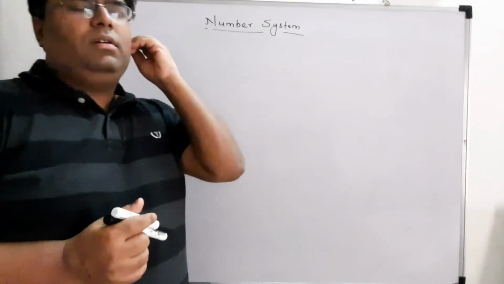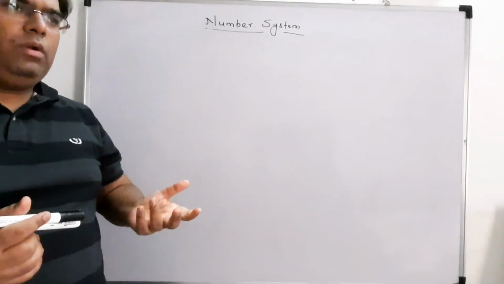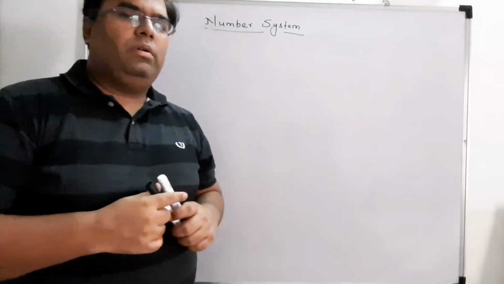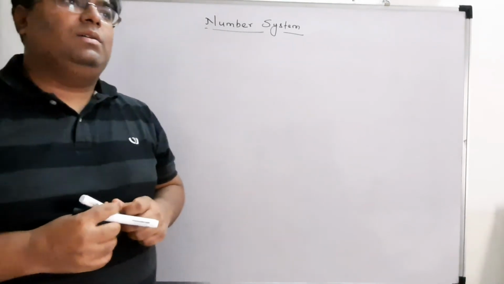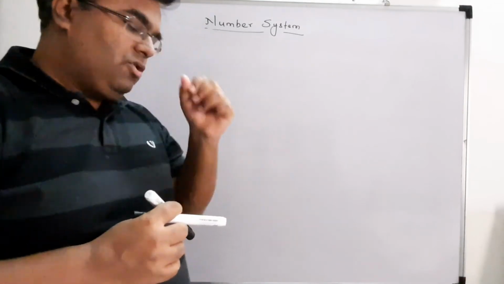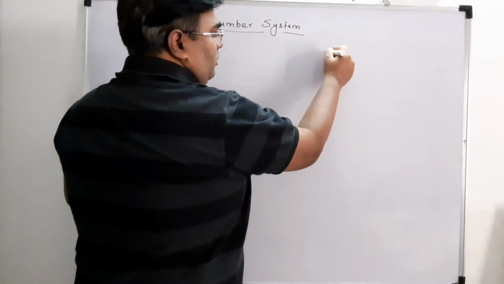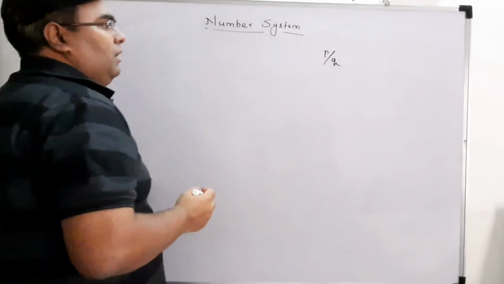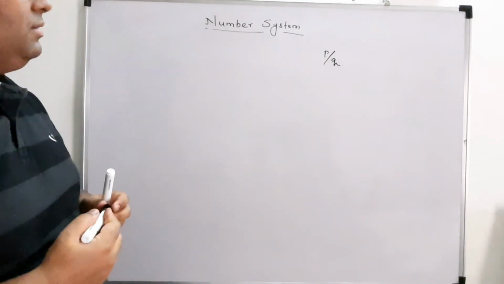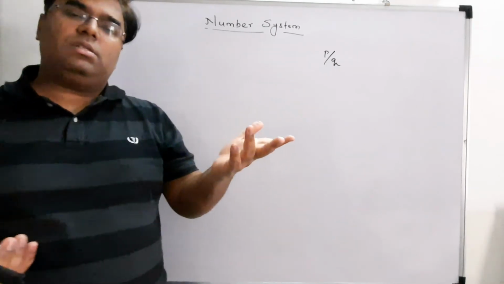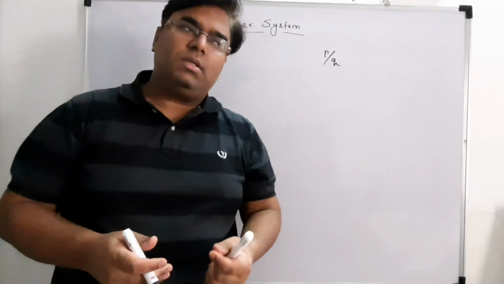Okay, now we have learned about the 4 number systems, which are natural number, whole number, integer and rational number. And the rational number was in the form of what? P by Q. So the question is, is there any number left which is not in the form of P by Q, which is not an integer, not a whole number, not a natural number?